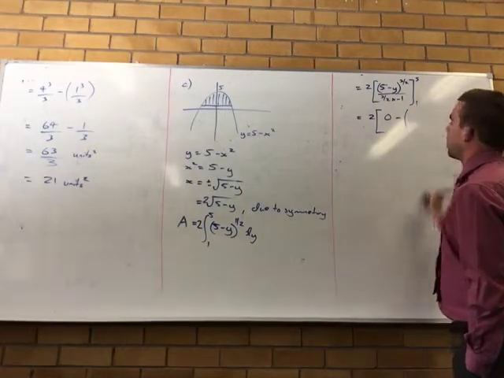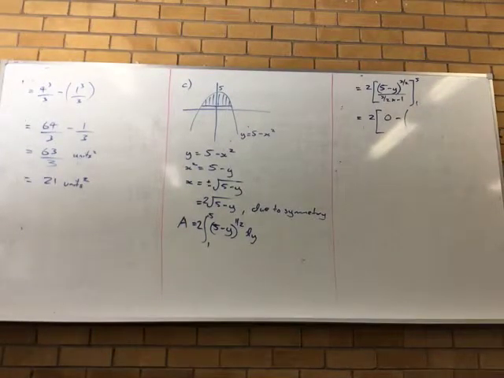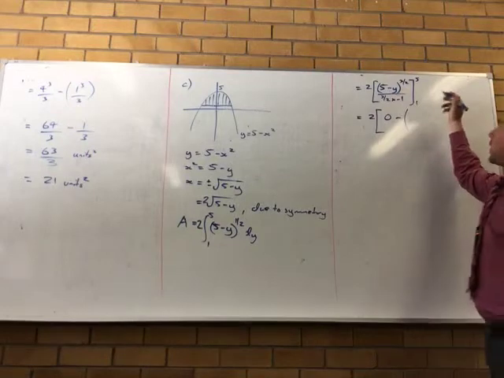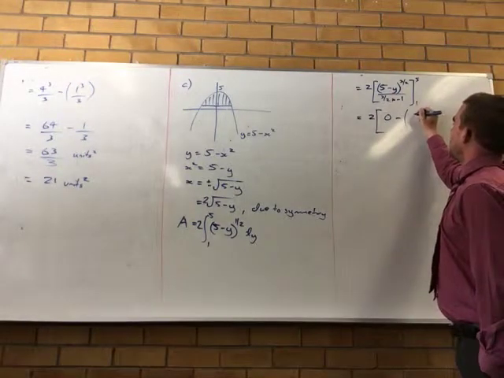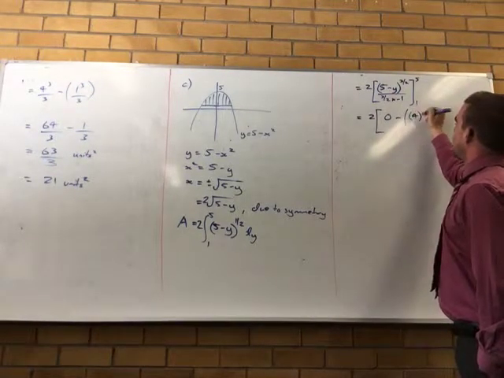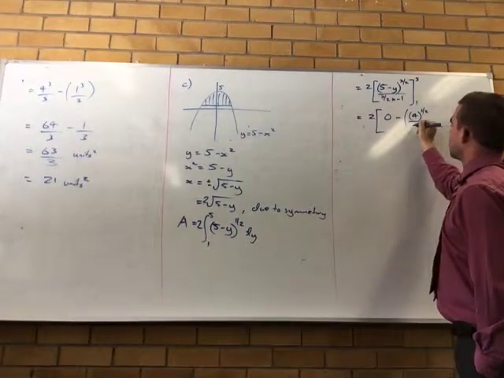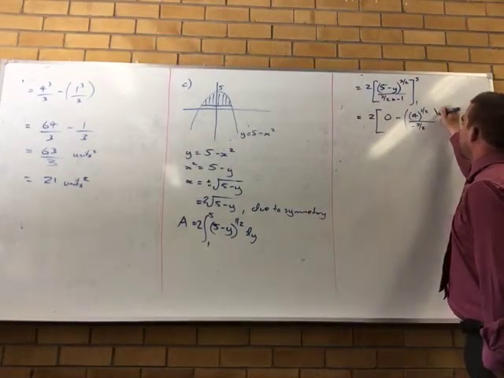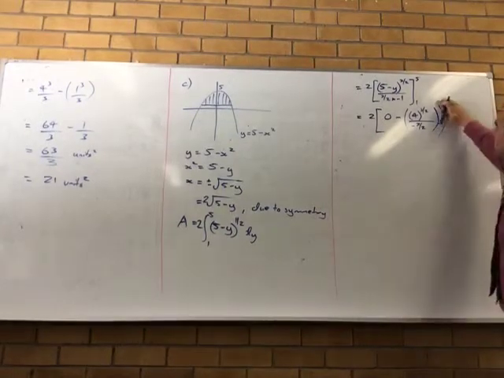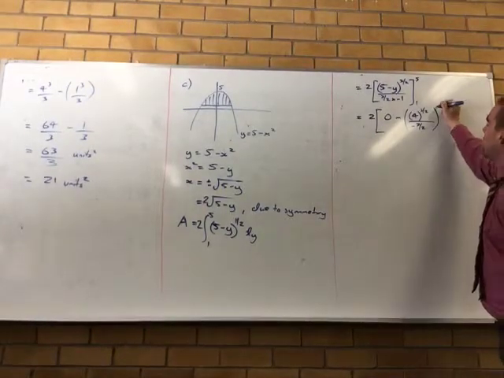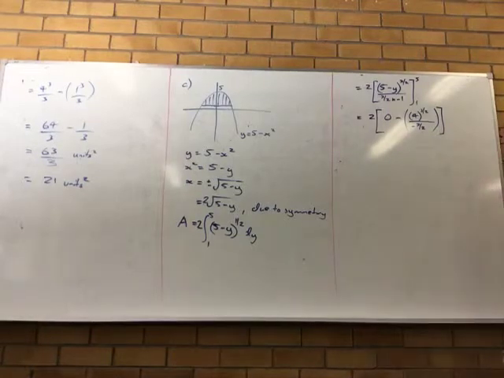Take away, open bracket, 5 take away 1, so it'll be 4 to the power of 3 over 2, all over 3 over 2, times negative 1. And that is why we need to keep the signs consistent, because they will cancel eventually, so that you have a positive area.